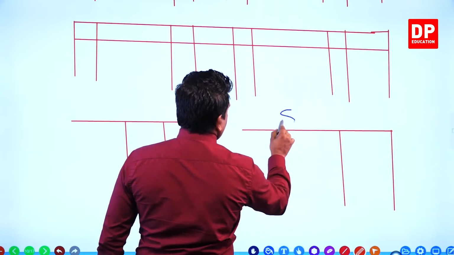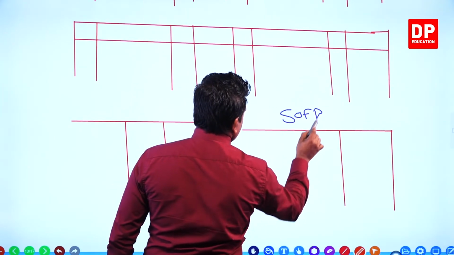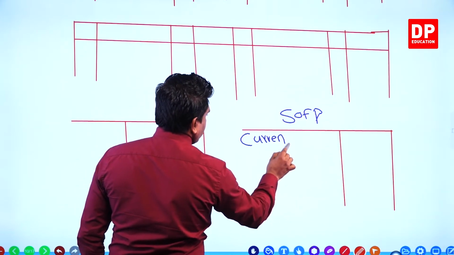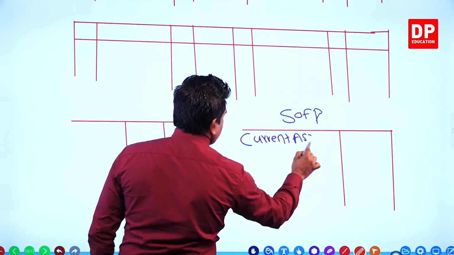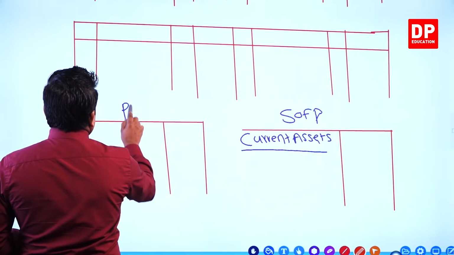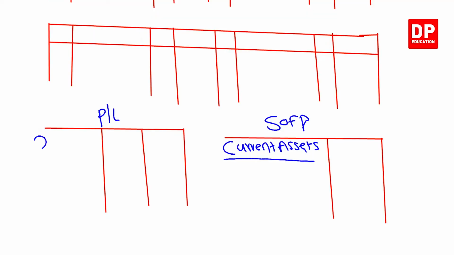Here, statement of financial position, current assets. Why do we write debtors under the current assets? This is the profit and loss statement. There we write bad debts under the distributing expense.